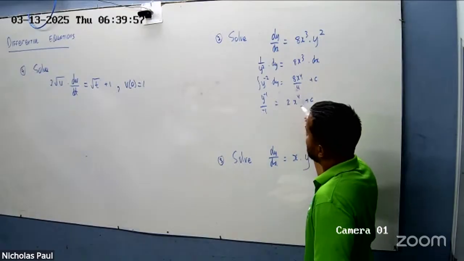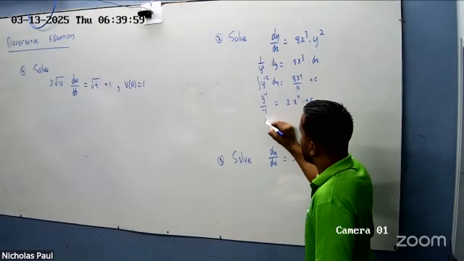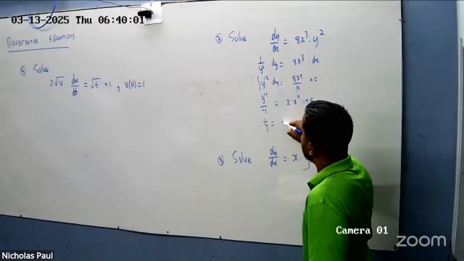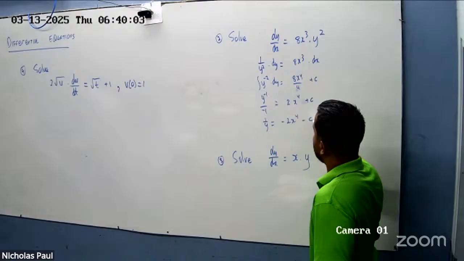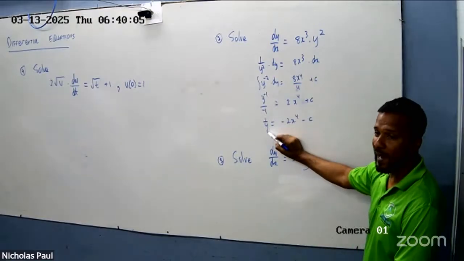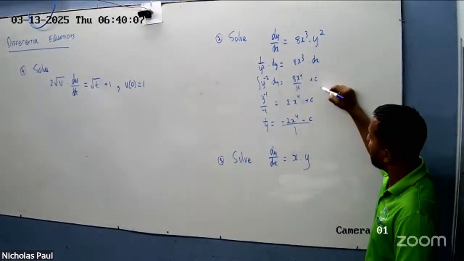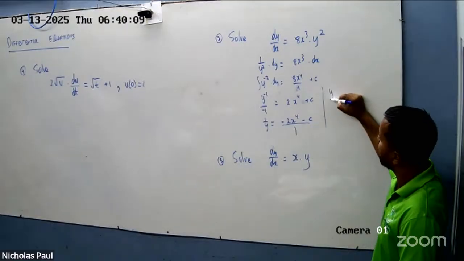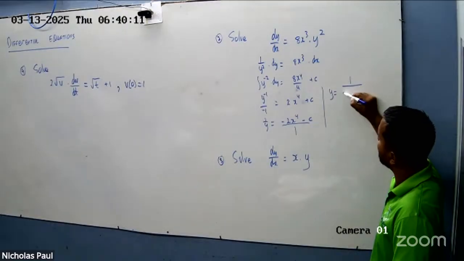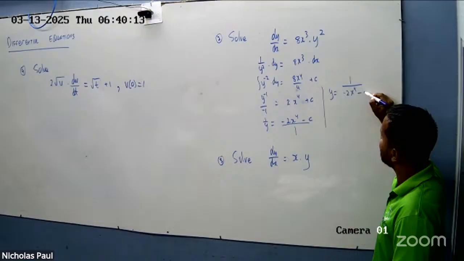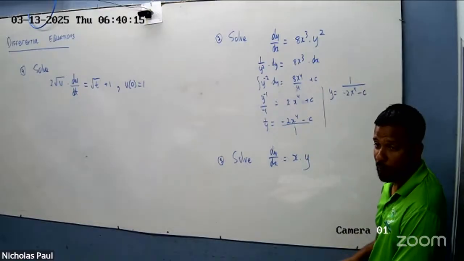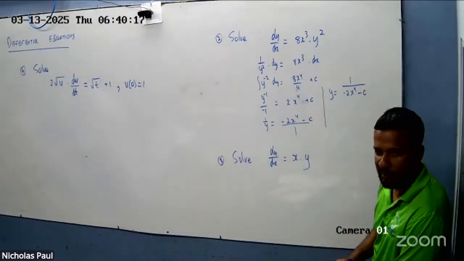Carry across the minus 1 if you want. You'll get 1 on y is equal to minus 2x to the 4th minus c. You want to make y the subject, so all we have to do is flip it over. So you'll get y is 1 over minus 2x to the 4th minus c. Don't put the c on the outside.